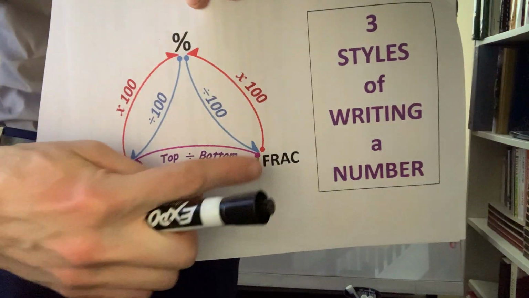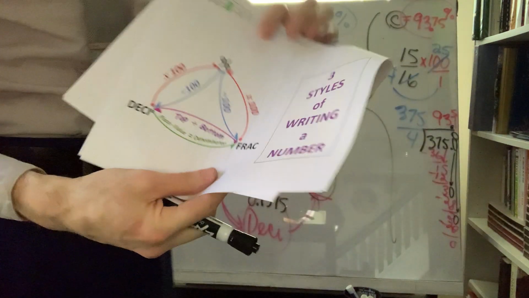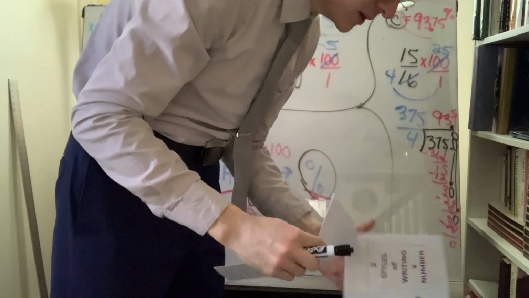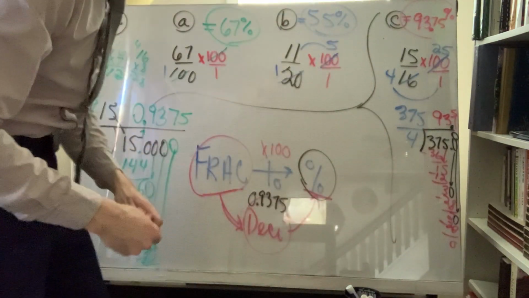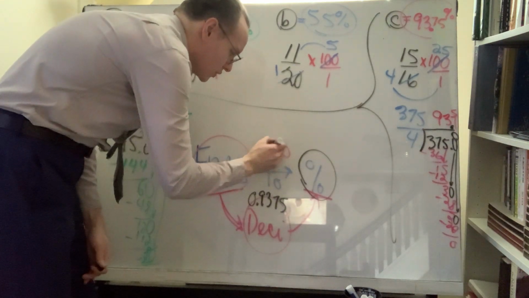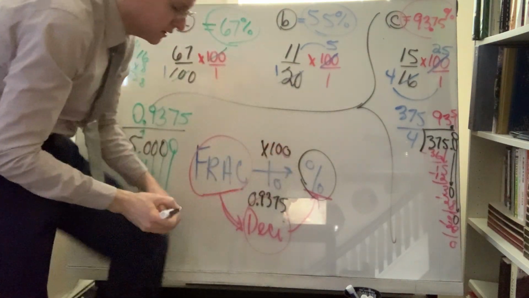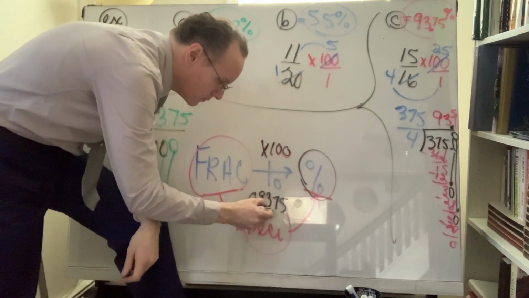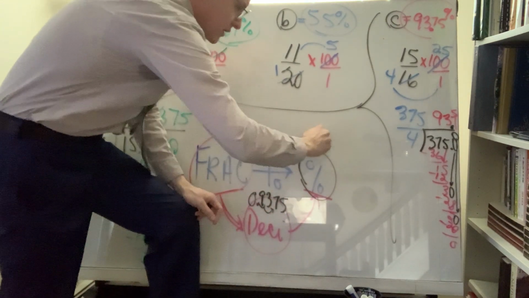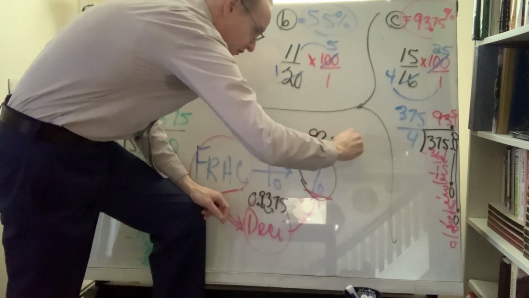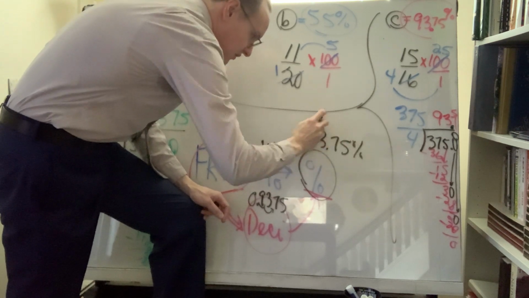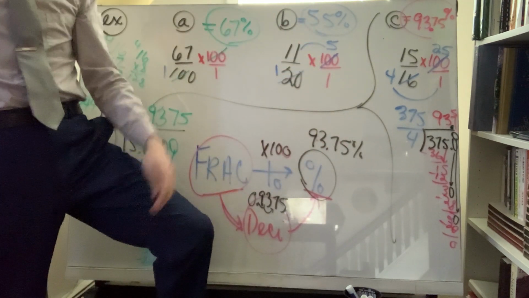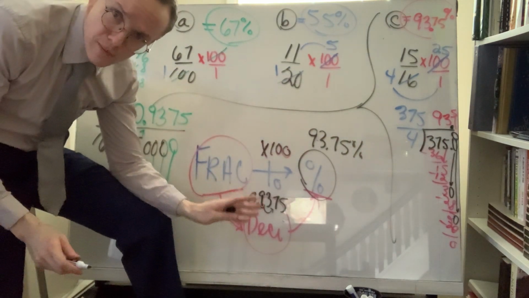It's times 100. The effect of multiplying by 100 without using a calculator is that you will move your decimal place twice to the right, which means that you will end up with 93.75% nonetheless. Okay? So there's often more than one way to do something in math.